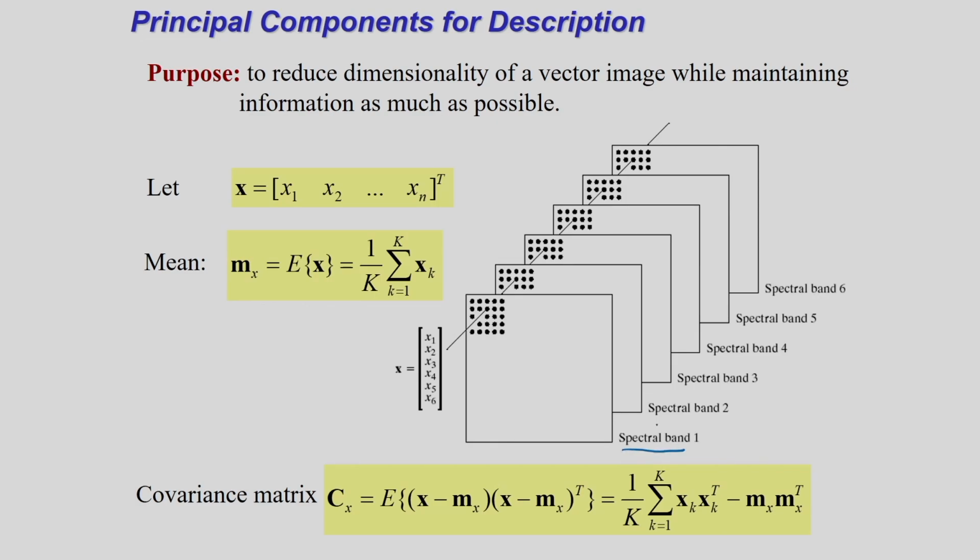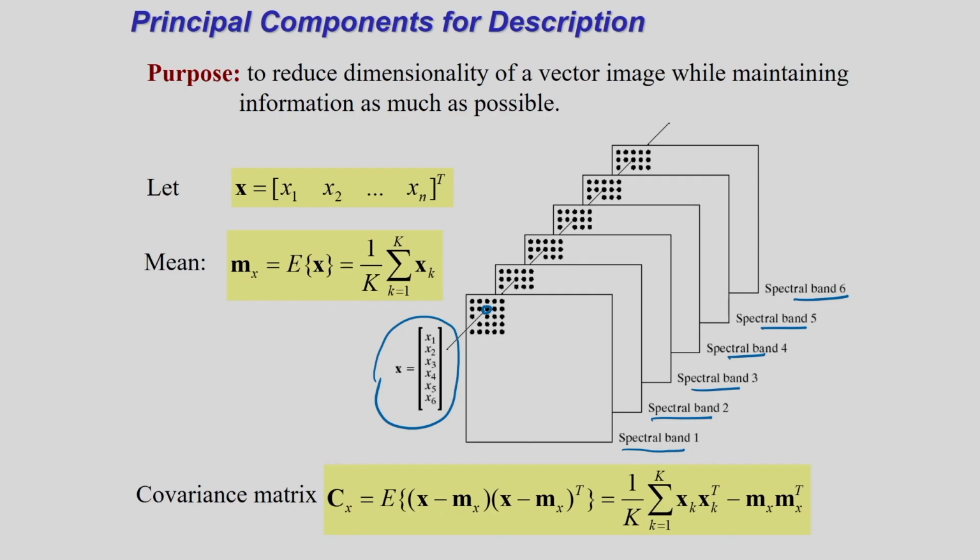In this example, I am considering different images captured in different spectral bands: spectral band 1, spectral band 2, spectral band 3, like this. If I consider a pixel from all the spectral bands, that can be considered as a vector, the vector x.